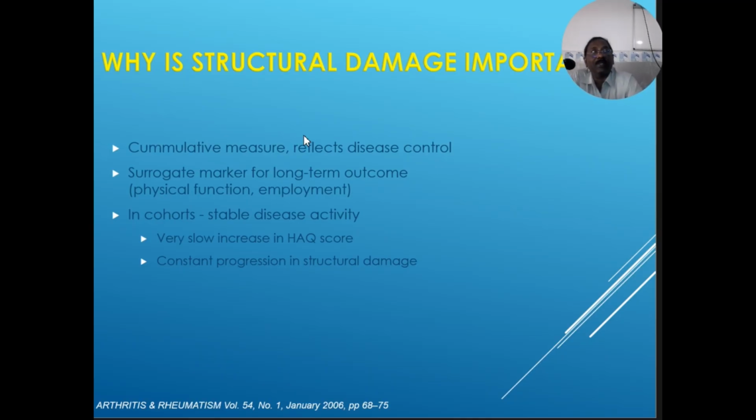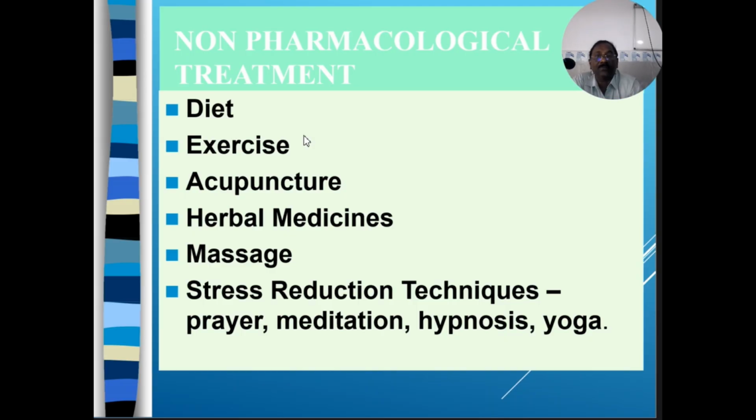Suppose the person is having a lot of disease activity, so obviously our structures in the hands, or the feet, or the knee joints, or any other joints are involved, but mostly the spine will be spared in rheumatoid arthritis, unlike your ankylosing spondylitis. It is a surrogate marker for the long-term outcome, the physical function and employment. In stable disease activity, there is a very slow increase in the HAQ score and constant progression of the structural damage.